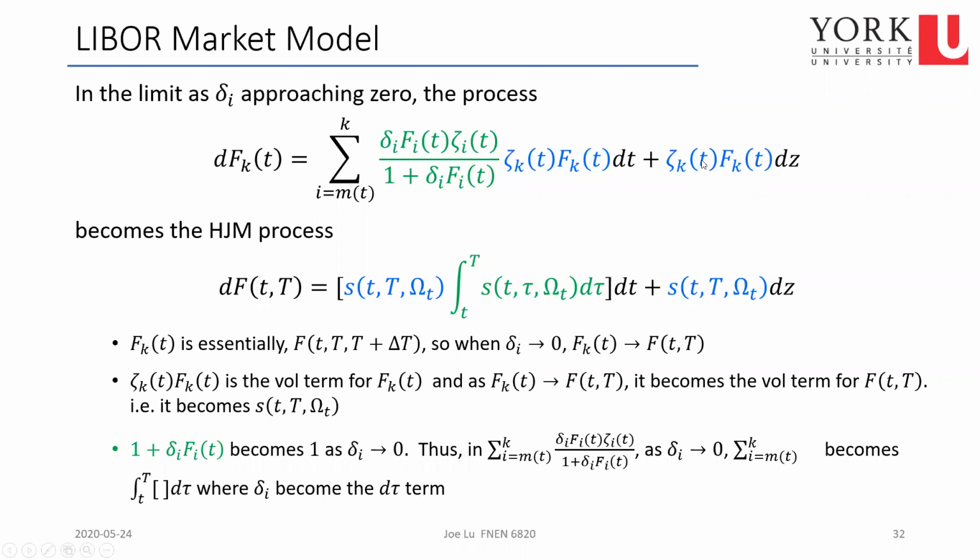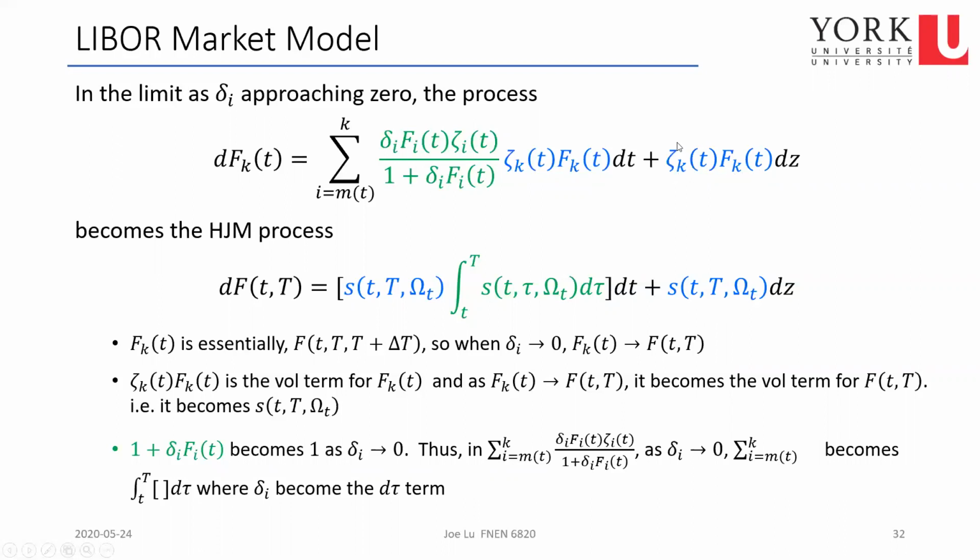It's not a function of the state parameter, and the state parameter is here. Here, the little s is a function of time and also the state parameter. This omega is basically all the other information, including the state parameter. So this is just a generic functional form, and this is a more specific functional form, the product of those two.